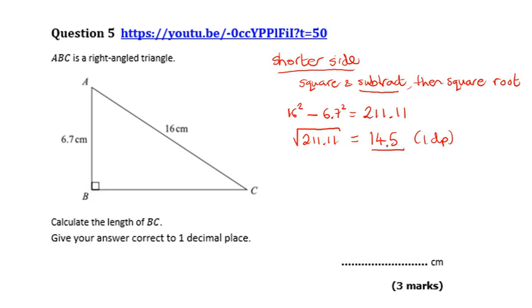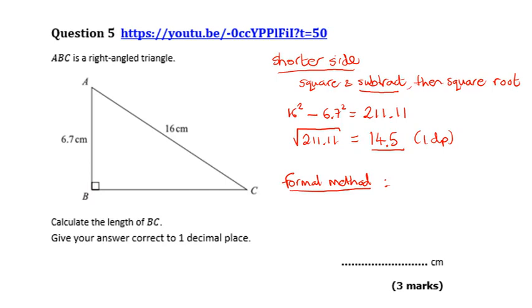Now, if you've been taught a more formal method, we would start by writing down Pythagoras' theorem, looking for the hypotenuse first, 16 squared.